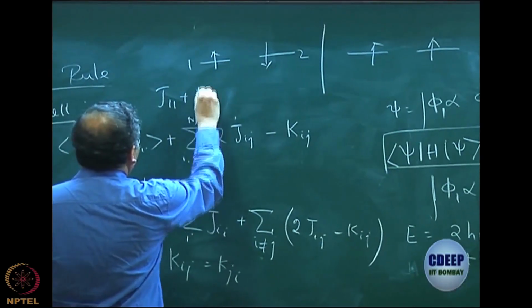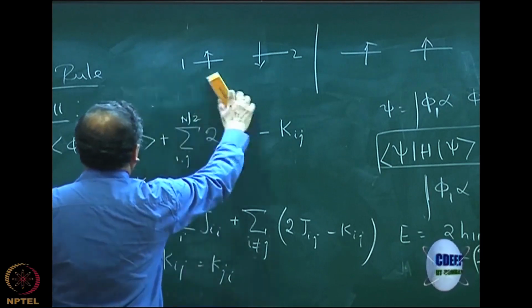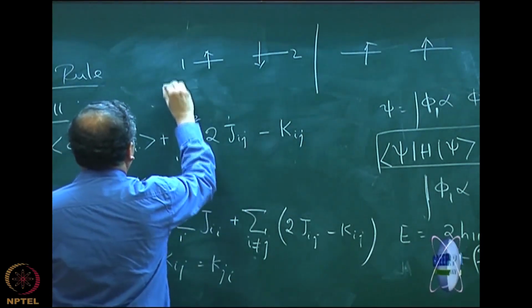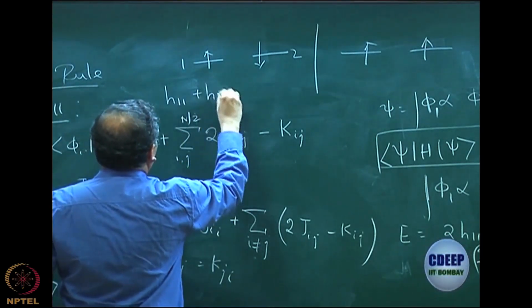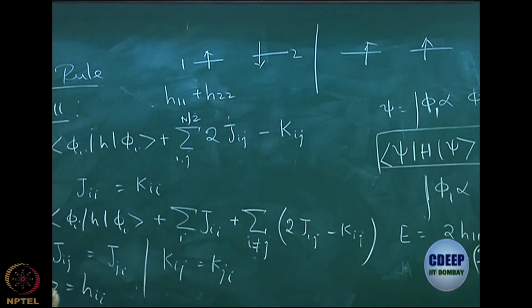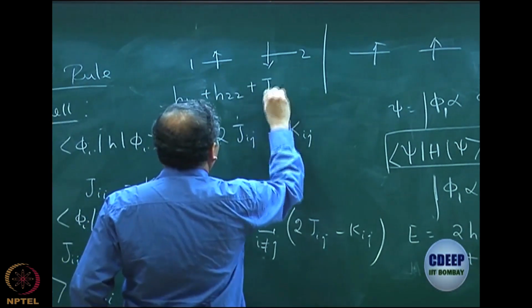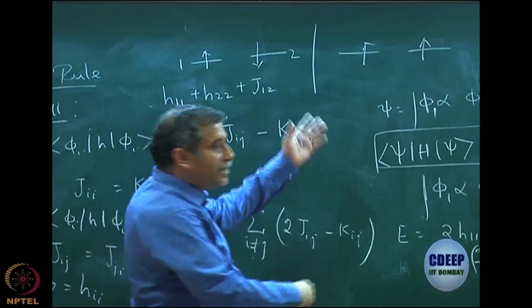I'll just write down the energy quickly. H11 plus H22, then you have a J12 and that's it, right? Let's write it down here.